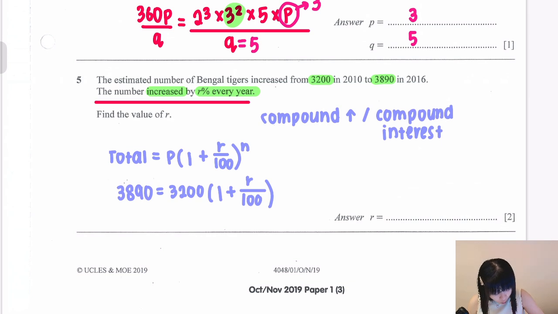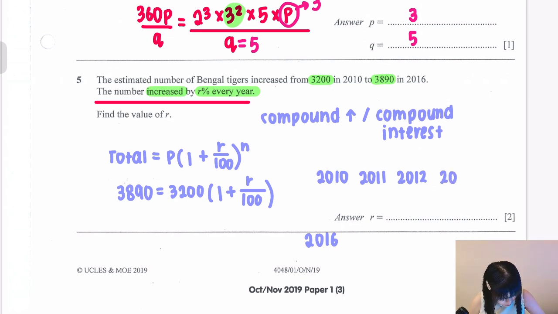So from 2010 to 2016, that is how many years have passed. 2011, 2012, 2013, 2014, 2015, and 2016.